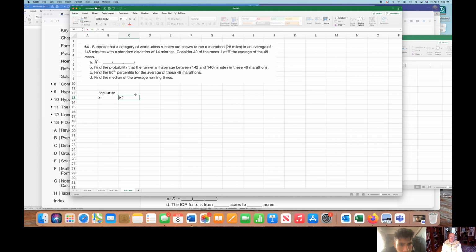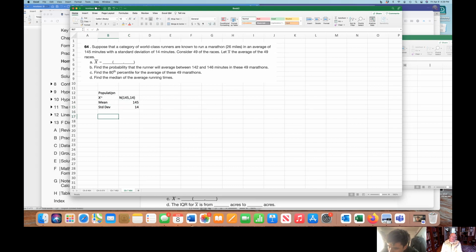Suppose a mean of 145, sorry, I was thinking the wrong number, 145, and a standard deviation of 14. There we go. So the mean, let's just write it as 145. Standard deviation, I don't know why I write it over again, but this way I can at least use it, is 14.